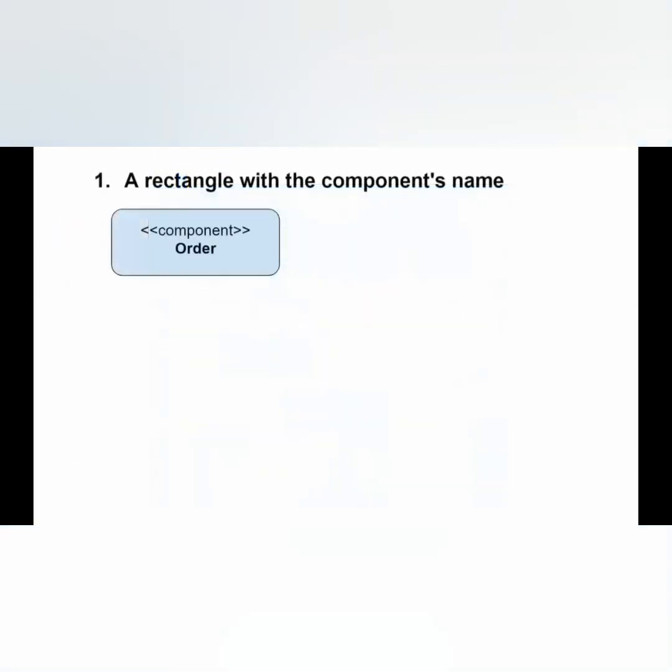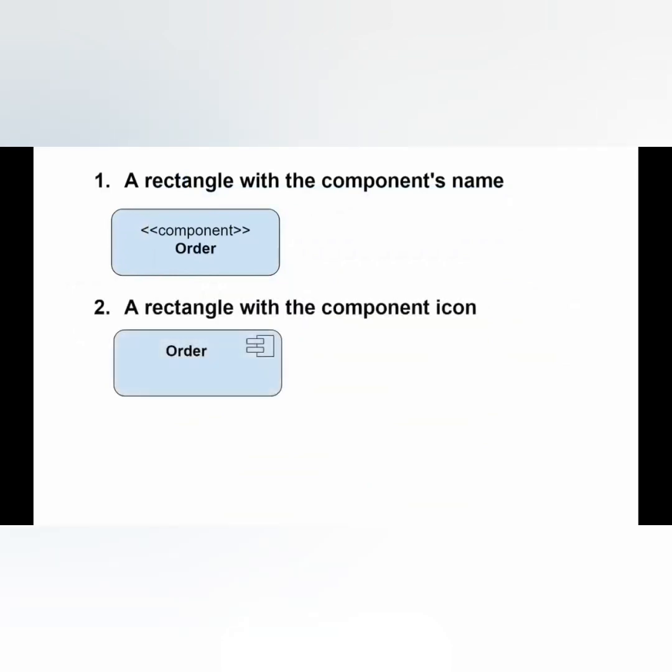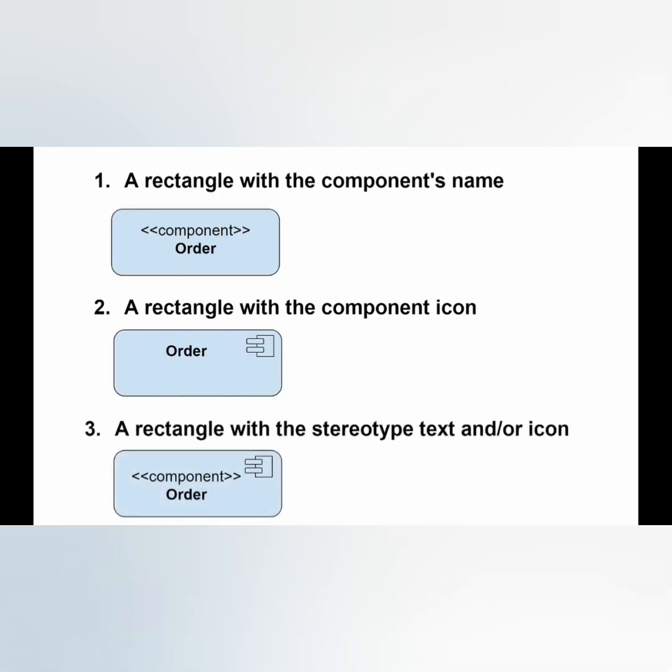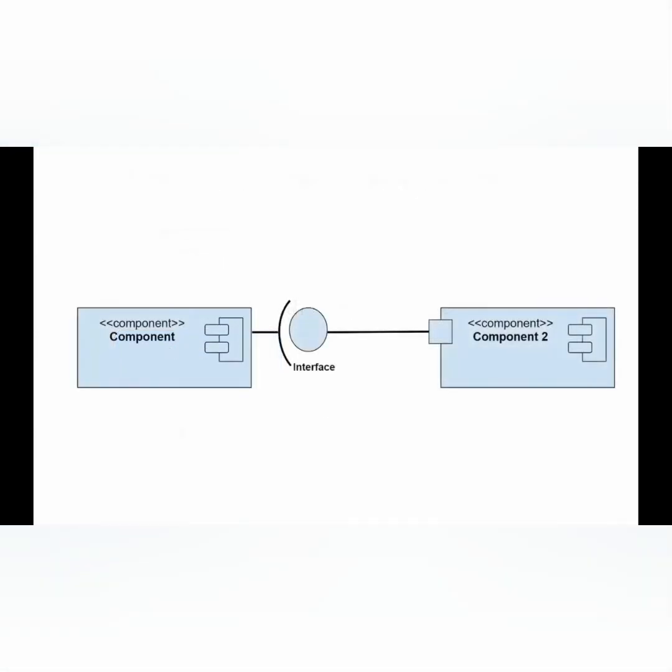A component is a modular part of a system that encapsulates its content. In UML 2.0, a component is drawn as a rectangle with optional compartments arranged vertically. The following example shows two types of interface components. Provided interface is drawn with a complete circle at its end and represents the interface that the component provides to the system.